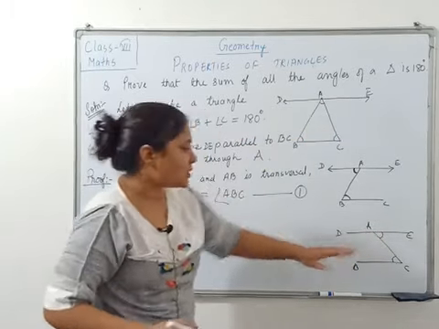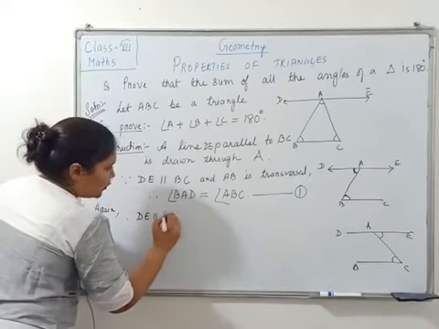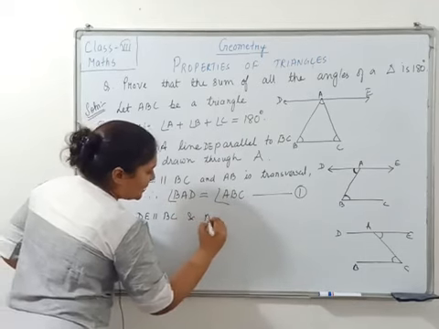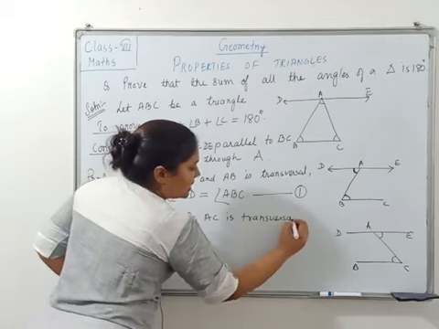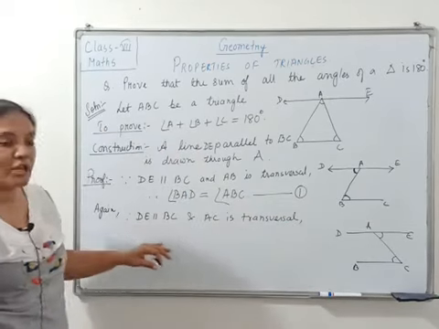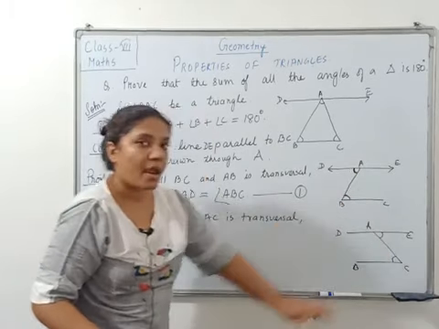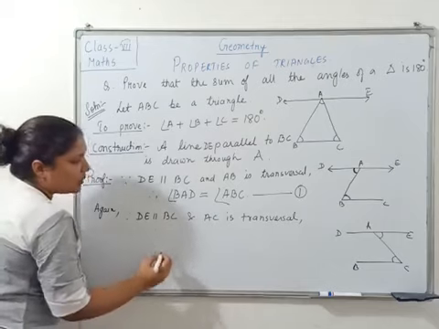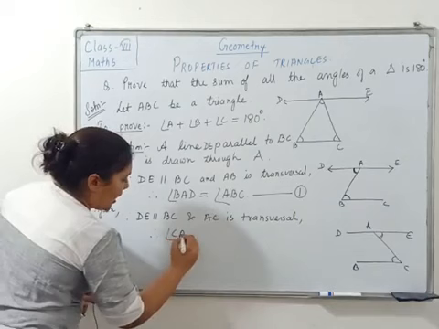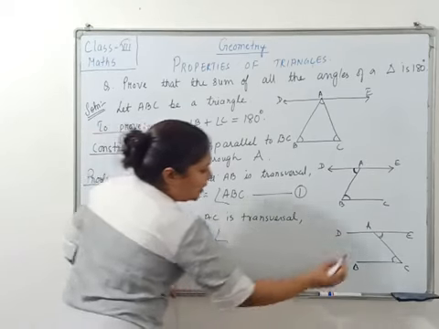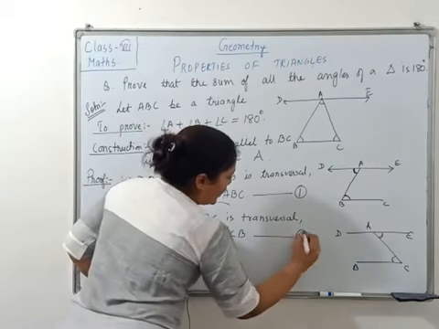Again, since DE is parallel to BC and AC is transversal, what have we changed? We have changed our transversal. Before, our transversal was AB, now our transversal is AC. So which angle will be equal? Angle CAE is equal to angle ACB. This is our equation 2.